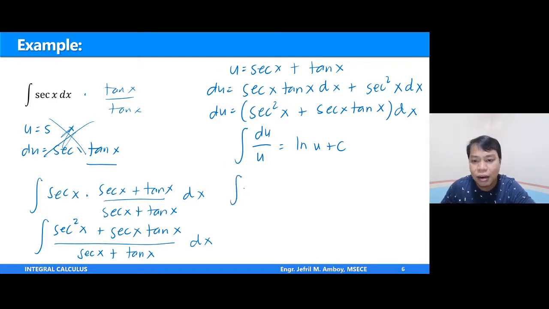The integral of secant x dx equals ln of, and let's put absolute value. Why? Because when we take the ln, what you take the ln of should be positive, so we put absolute value. Now we return u, which we made sec x plus tangent x. Sec x plus tangent x, and then plus c.